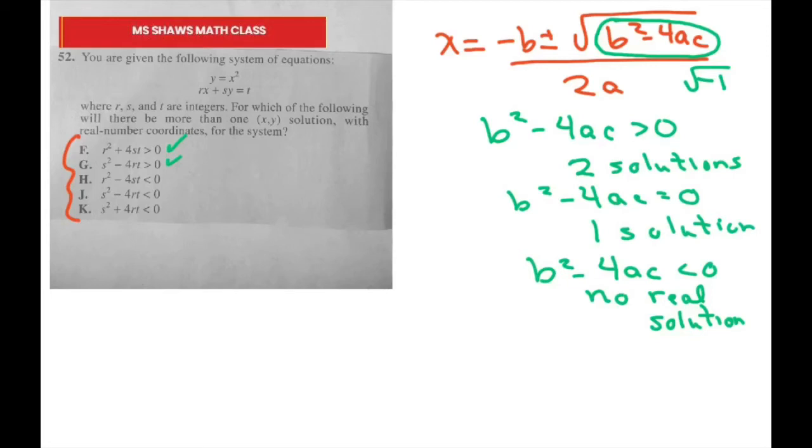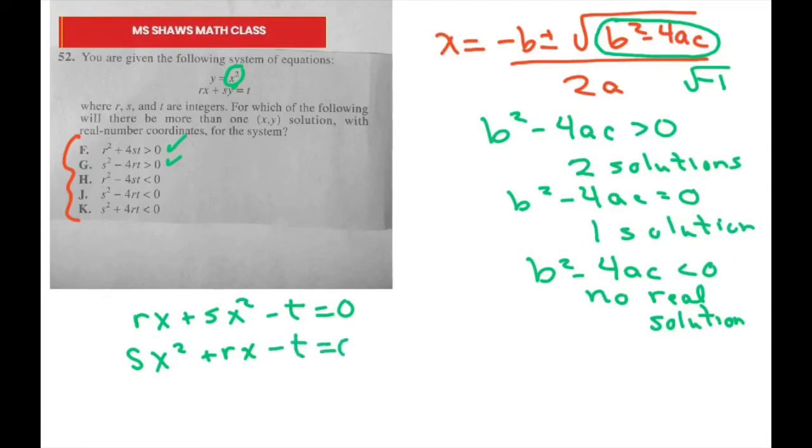So what I'm going to do is substitute my x squared for my y. So I'll have Rx plus S x squared, and I'm going to go ahead and subtract the T from both sides. Rx minus T equals 0.